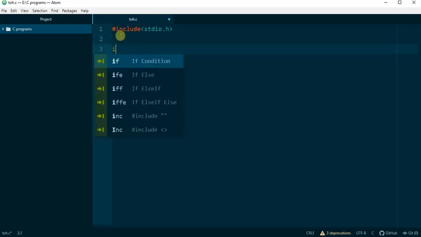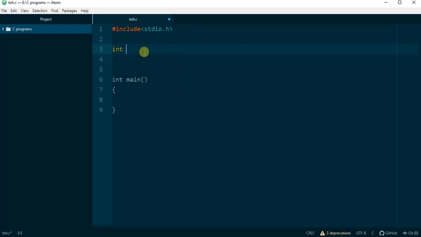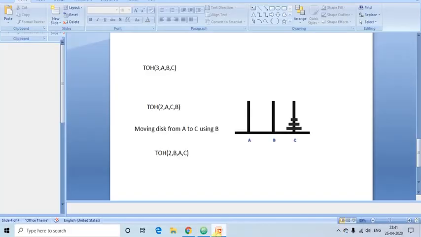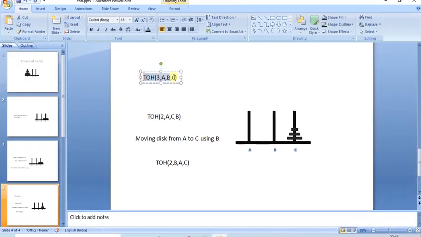Now we are going to define that function. What should that function take? First, the number of disks we are going to pass: 3, 4, anything like that. Next is the source tower, auxiliary tower, and then the destination tower.